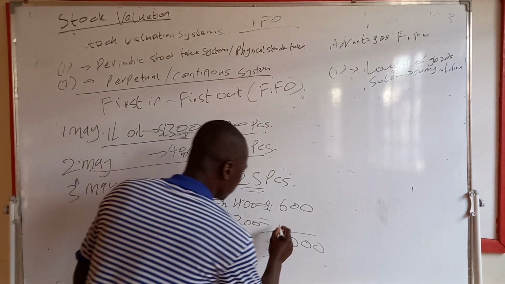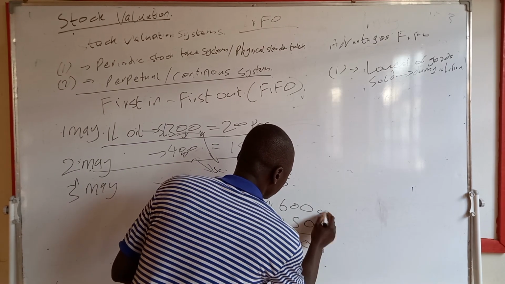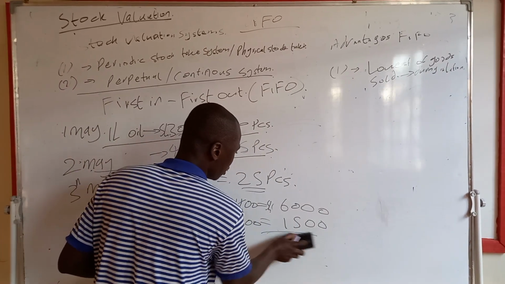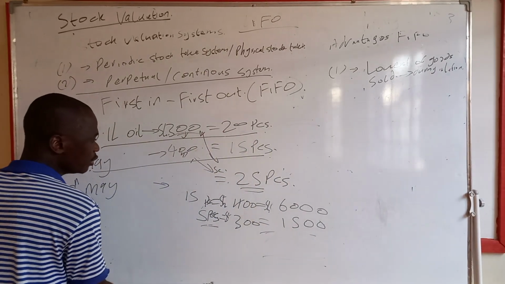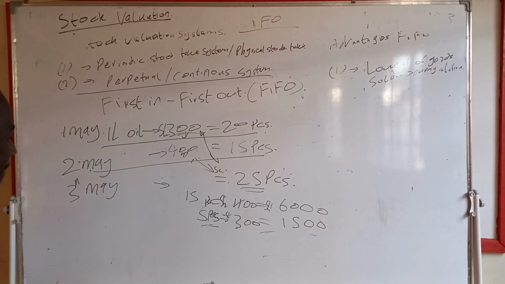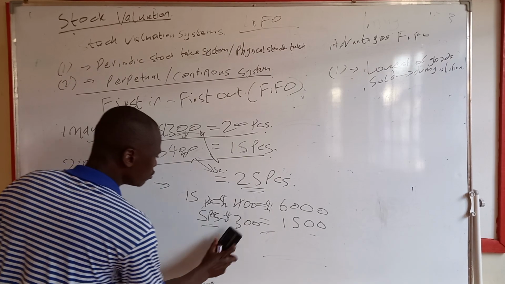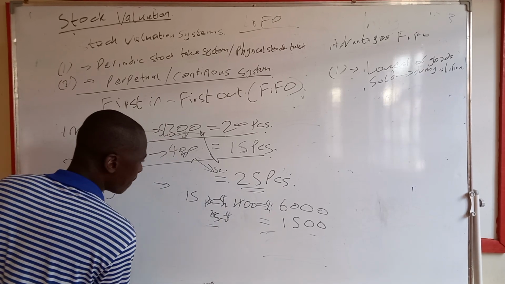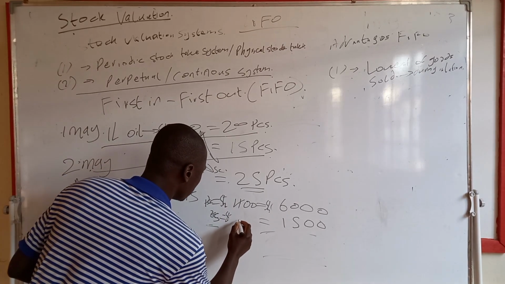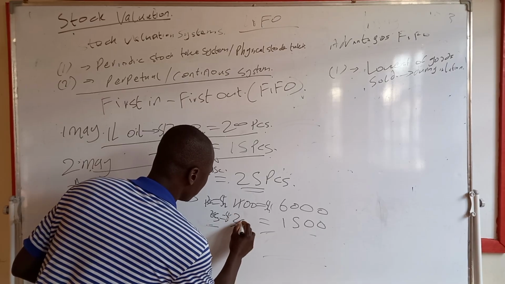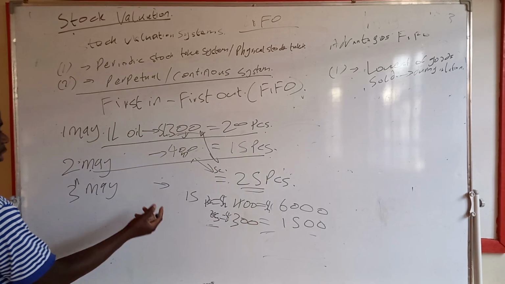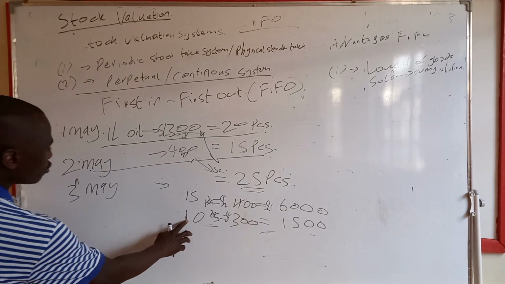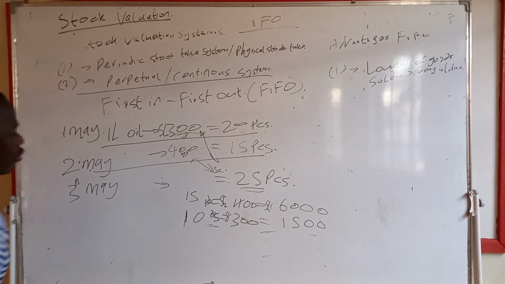Now look, this one will not be 5. This one will be 300. But the guy wanted 5, so this will be 10. 10 remain, so this one will be 10, not 5, 10.